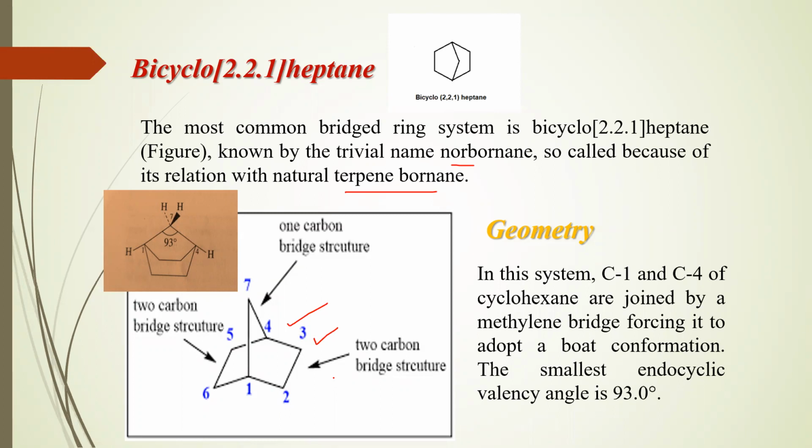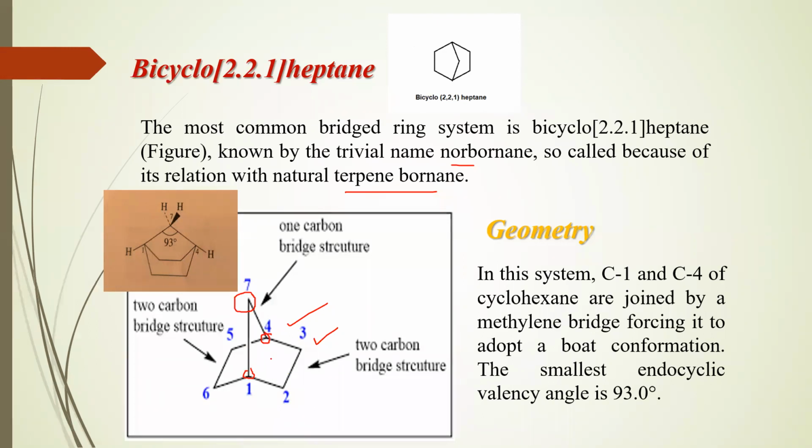In the geometry of bicyclo 2,2,1 heptane, in this system C1 and C4, the bridgehead carbon atoms, are joined by one methyl group, forcing a boat-like conformation.